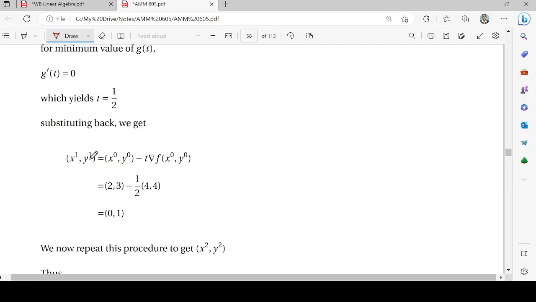The values after the first iteration, x1, y1, which we write as x0, y0 minus t times this. We have now x0, y0 is 2, 3, and this gradient we had determined as 4, 4, and t we have obtained the value of a half.